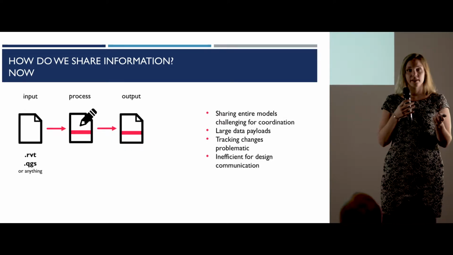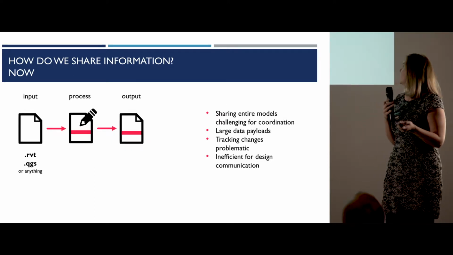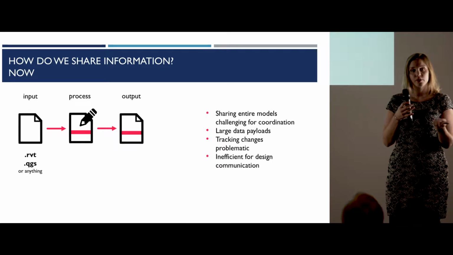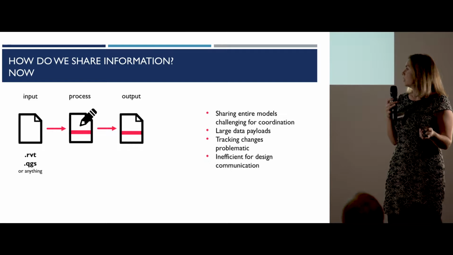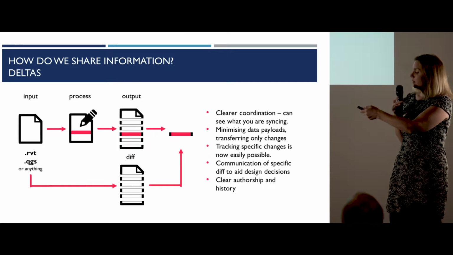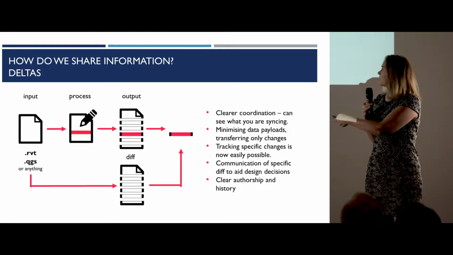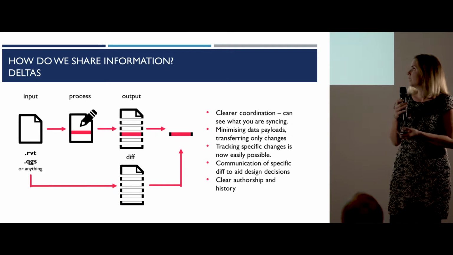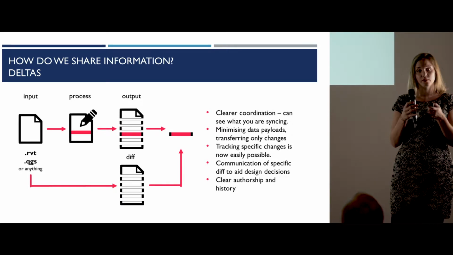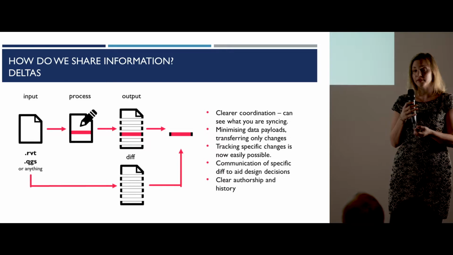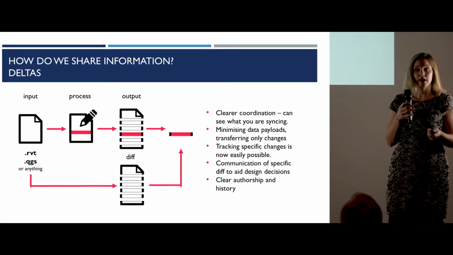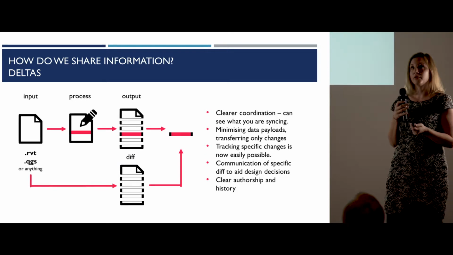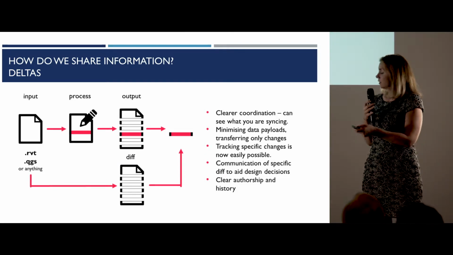Traditionally, we have been sharing entire models, which makes collaboration and coordination very challenging, and also tracking changes is very problematic. So the concept of delta essentially is understanding what the differences are, looking at the differences between different files, and essentially minimizing the data payloads and making this transfer of information more efficient.